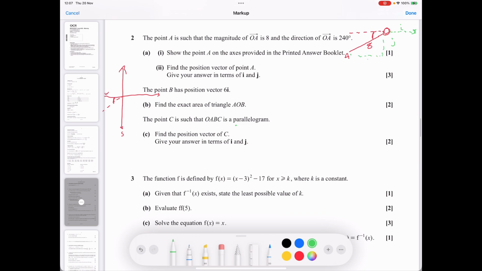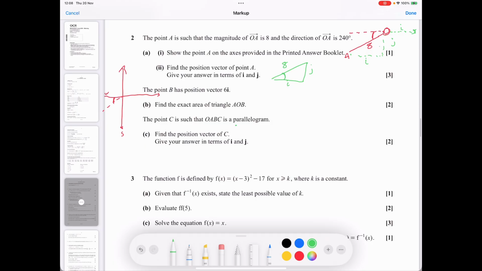And they're both going to be negative because we're going down and to the left. So if we redraw this little triangle, that's 8, that's j, that's i.